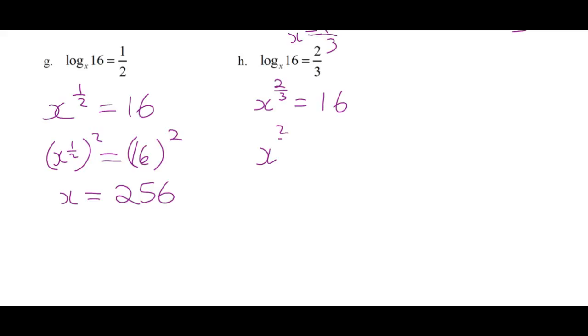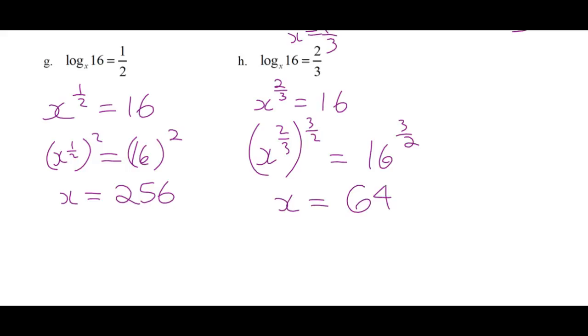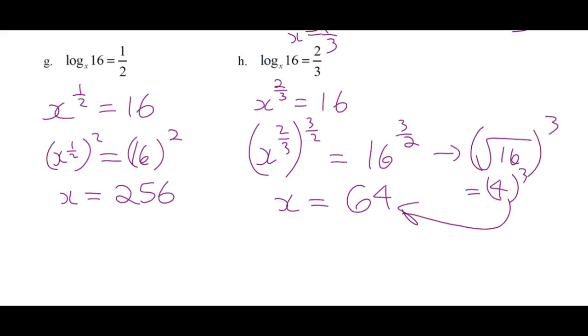So you raise it to the power of the reciprocal. And then you do the same thing here. Okay, so this becomes x, and this becomes 64. Right? So it's the square root of 16 cubed, which is 4 cubed, which is 64. Okay? Everybody good? That page so far?